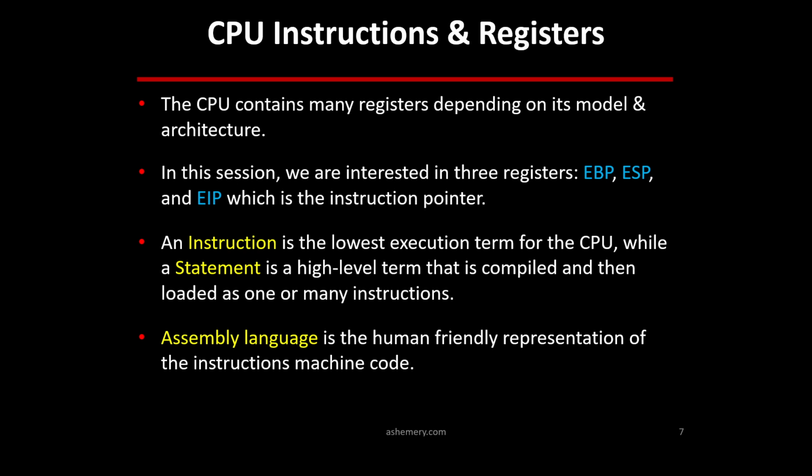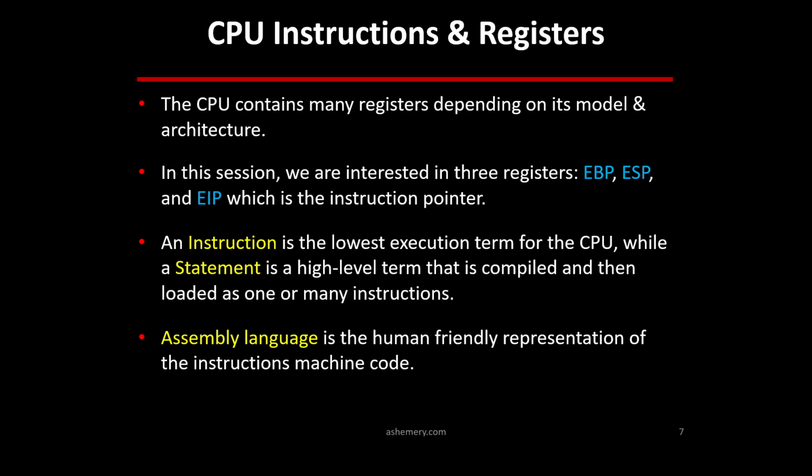Let's say it's written in C, but that code could be more than one single instruction. So a statement could be multiple instructions. An instruction is just one set of things to do.